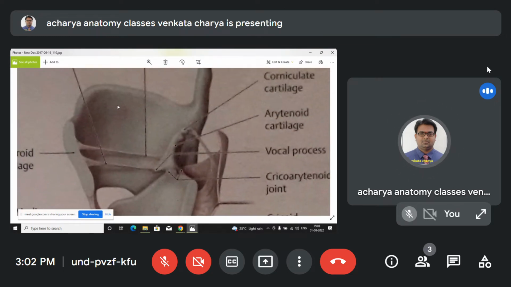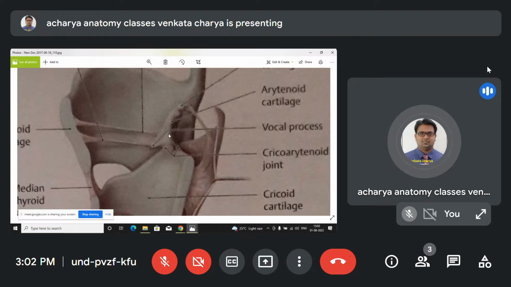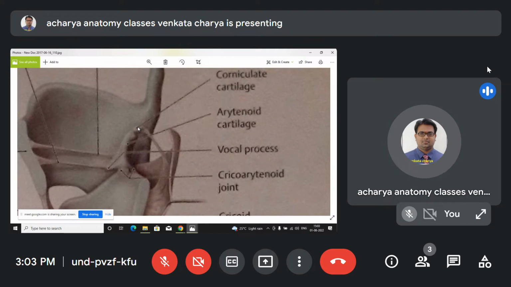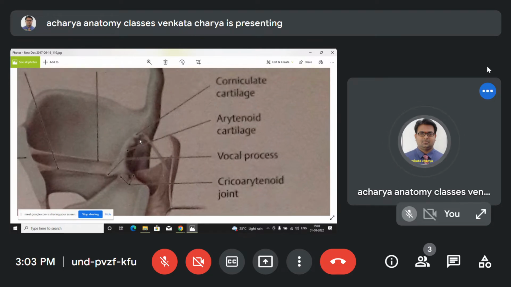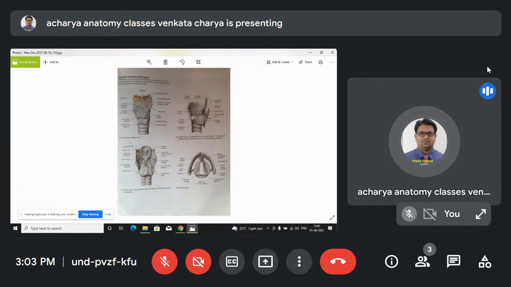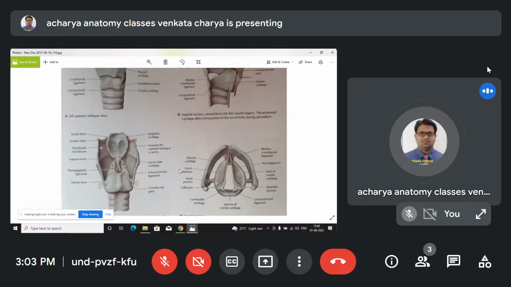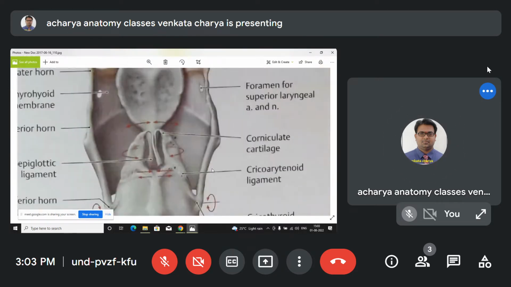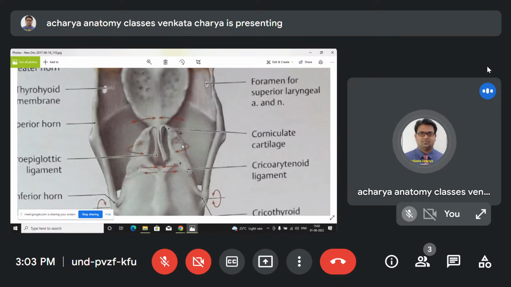There are 2 arytenoid cartilages, one on one side, another on the other side. And here are the corniculate cartilage and the cuneiform cartilage. Total 6.